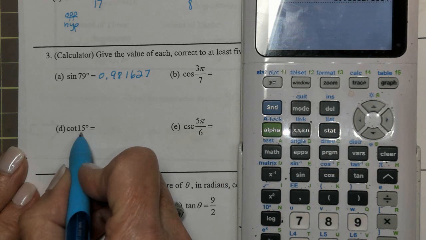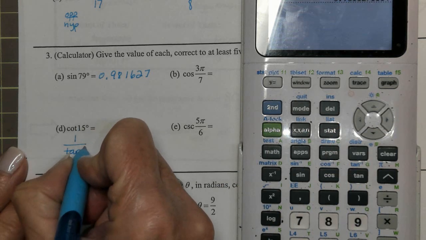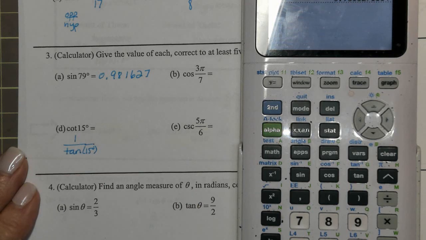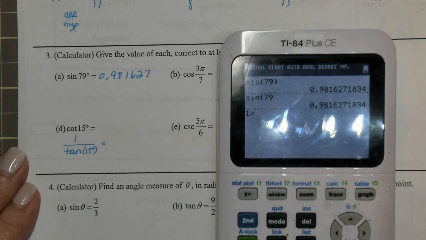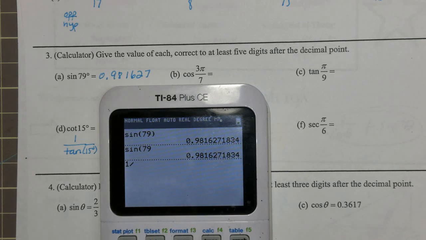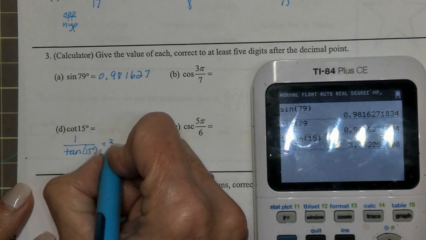So cotangent of 15 degrees is 1 divided by tangent of 15 degrees, and that's what we need to put in our calculator. So 1 divided by tangent of 15 degrees is 3.73205.